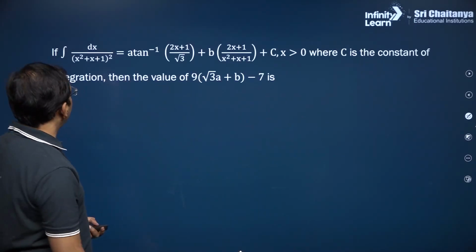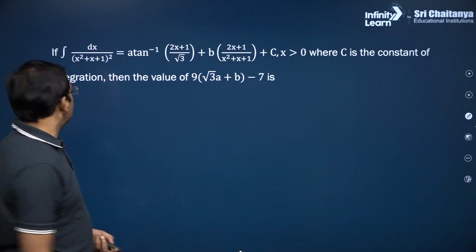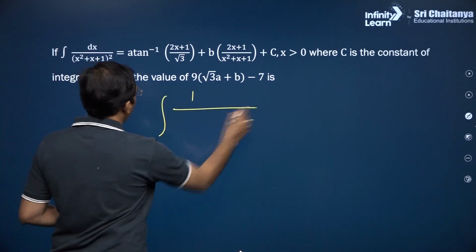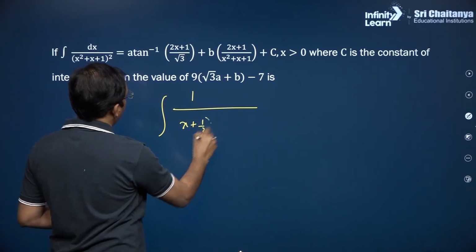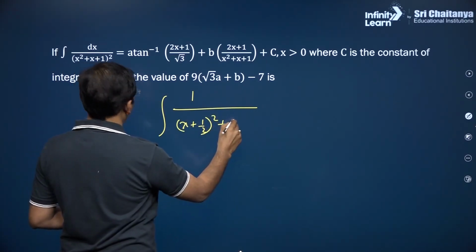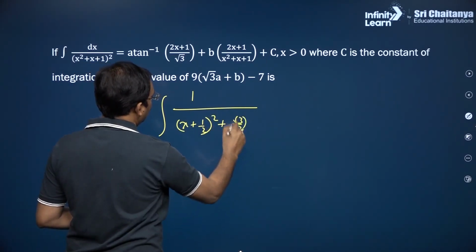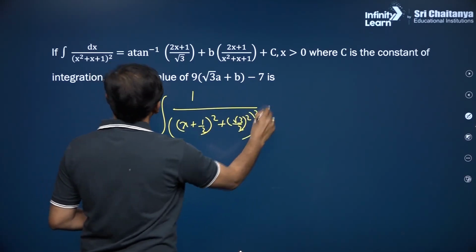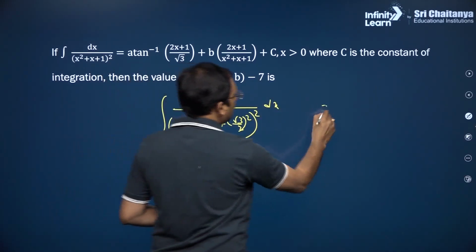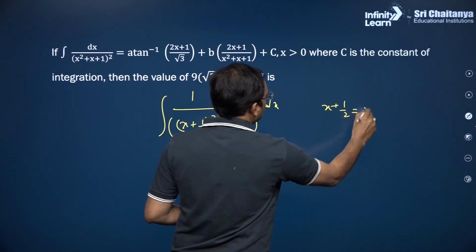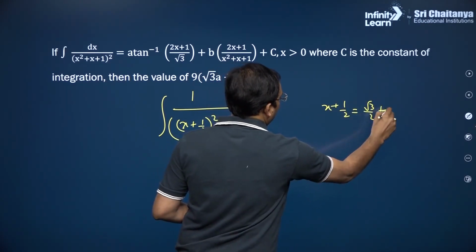Okay. Next, my dear friends, this integral you just take like 1 by, you can write x plus 1 by 2 whole square plus 3 by 4, root 3 by 2 whole square, my dear friends, dx. You just take x plus 1 by 2 as root 3 by 2 tan alpha.